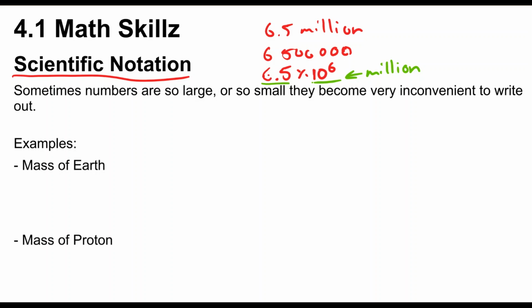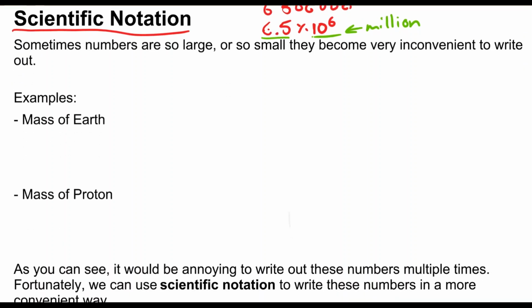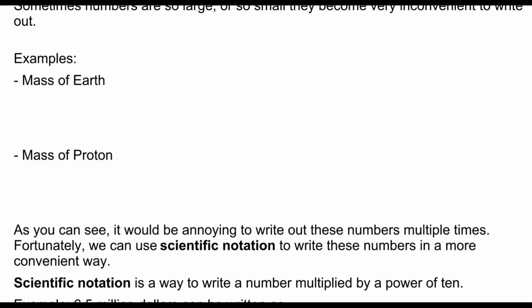Sometimes numbers are so large or so small they become very inconvenient to write out. For example, these two are pretty good examples here. We got the mass of the Earth and the mass of a proton. Let's talk about the mass of the Earth. If you don't know, that's the planet you live on. I've already looked up the mass of the Earth.